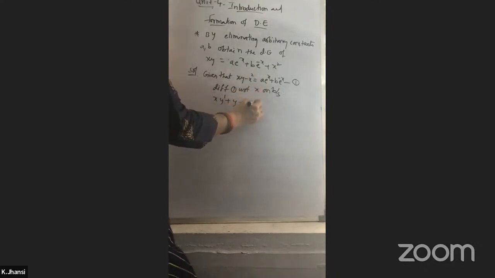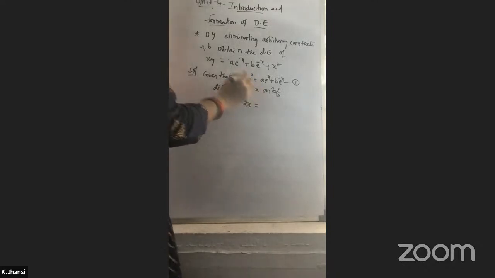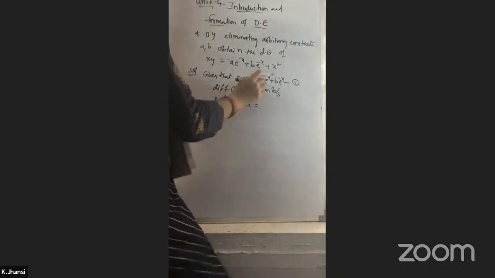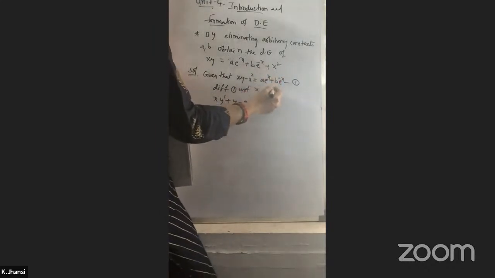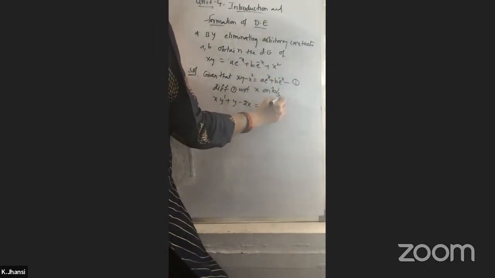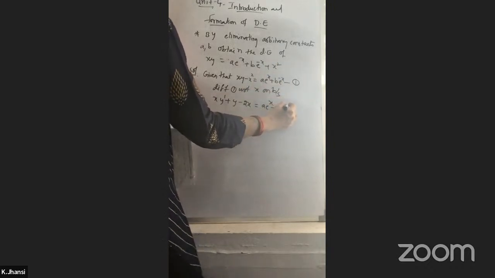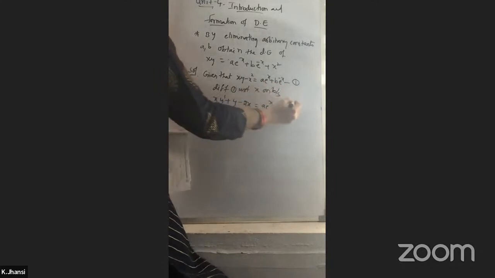Minus x² is minus 2x. And here e^x differentiation is a into e^x, and e^(-x) is minus b e^(-x). Okay.